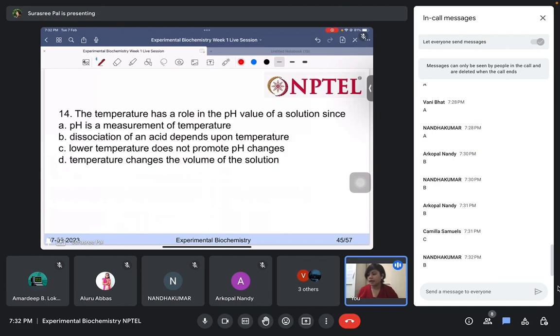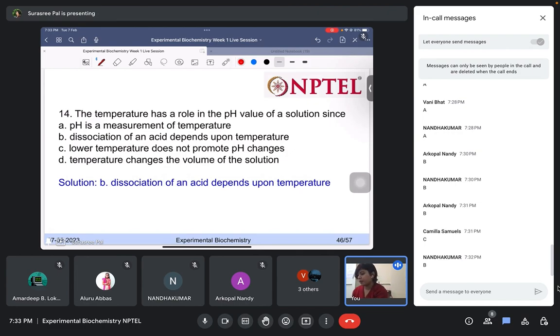So here the correct answer is B. So Camila, you are saying lower temperature does not promote pH changes, but that is not true, because when temperature changes, the dissociation of the acid changes. So when temperature increases, dissociation increases. So if dissociation increases, that means Ka also increases, which means that pKa decreases, right?